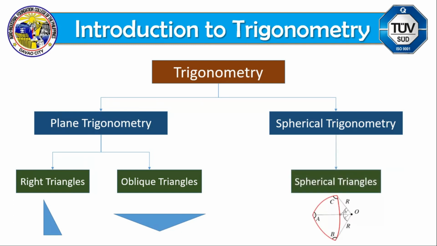Spherical trigonometry involves spherical triangles. For the first lesson, we'll be focusing on right triangles first. So what are the formulas, and what are the things we need to consider when solving right triangles?